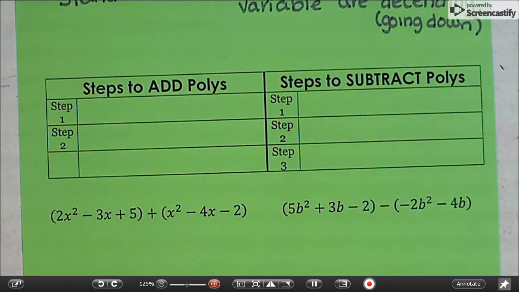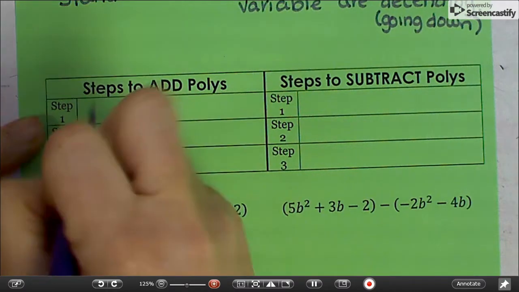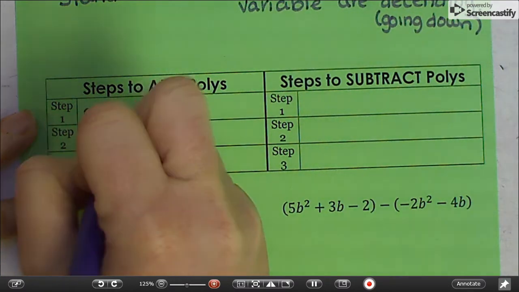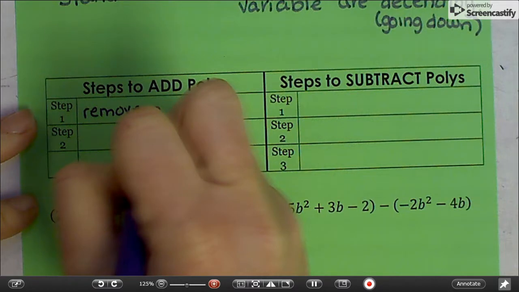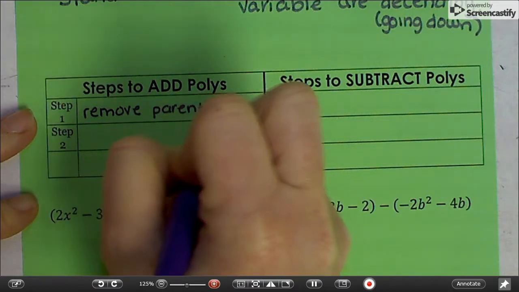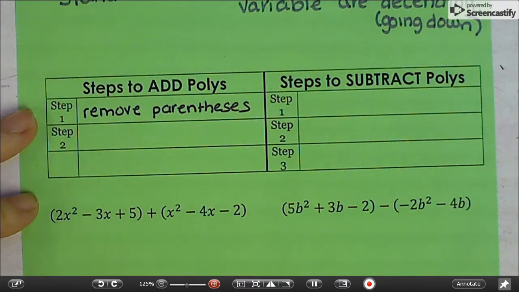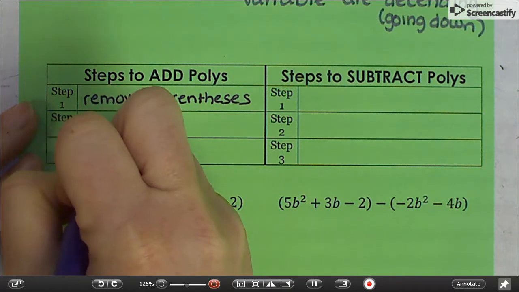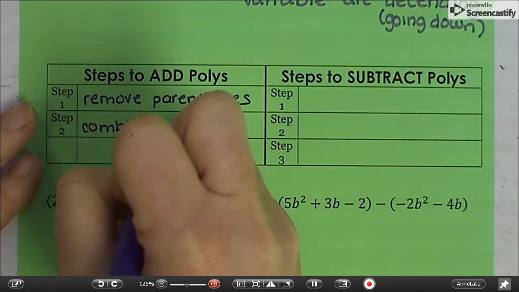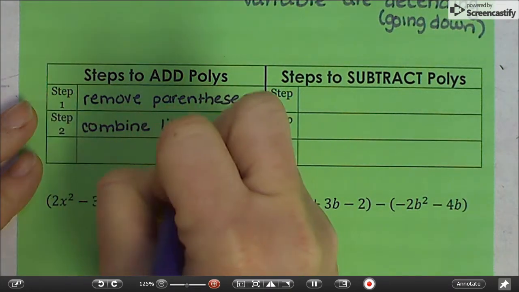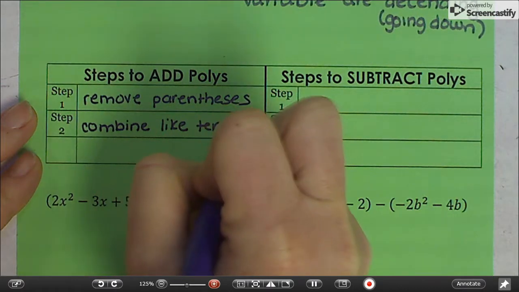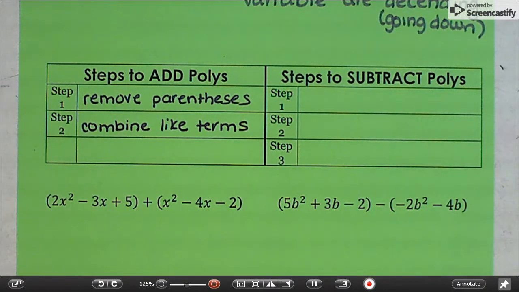All right, so in order to add polynomials, the first thing you're going to do is remove the parentheses because we don't need them when we're adding. And then the second step is combine like terms. Okay, so remove the parentheses and then combine like terms.